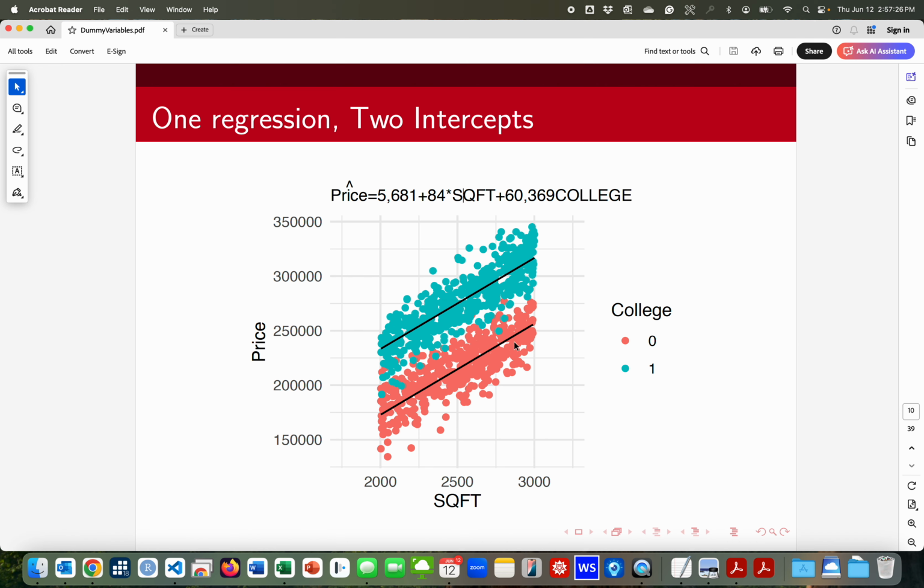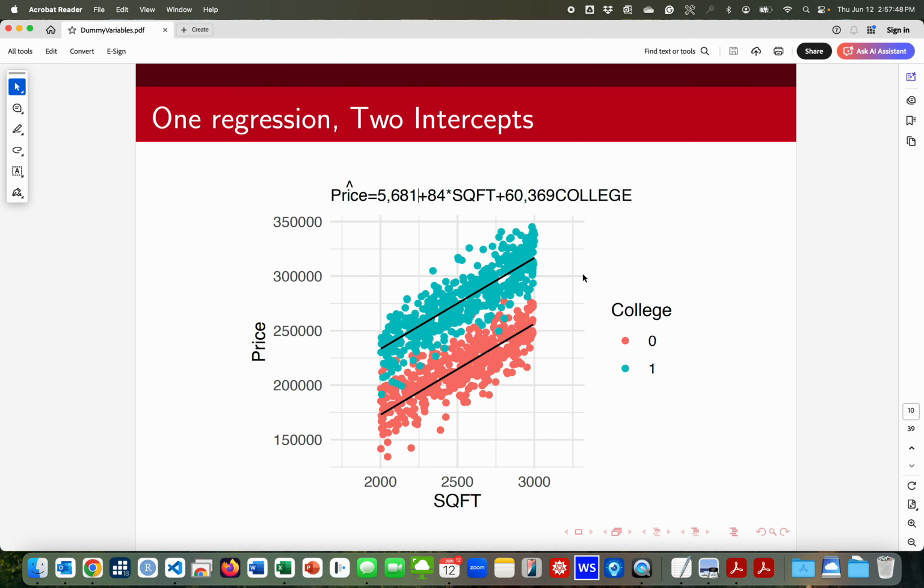So that's going to be this line right here. So when college equals 0, we're going to use this line to make our predictions. And the intercept of that line, if you run this all the way back, would be 5,681.